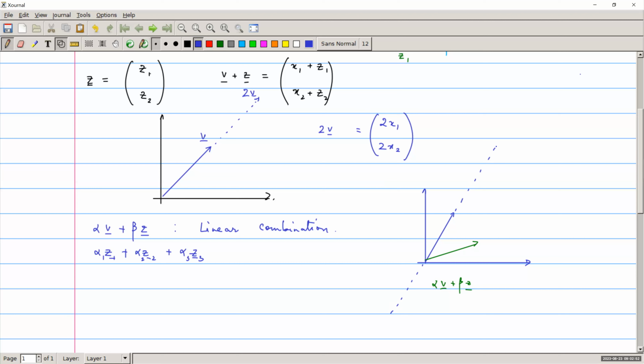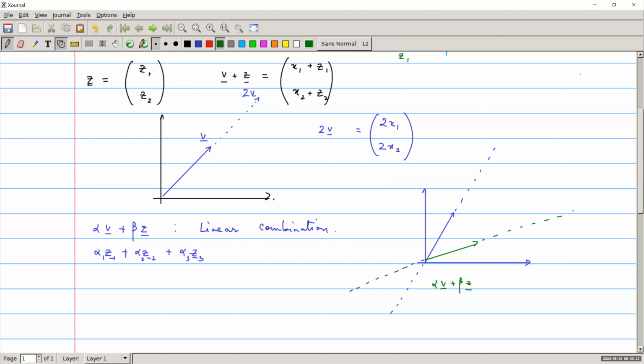Similarly, if I keep alpha equals 0 and let beta run through every value, what do I get? A line like this. If I only let beta take positive values, alpha is 0, what do I get? Right, it's the part of the line starting from here and going this way.